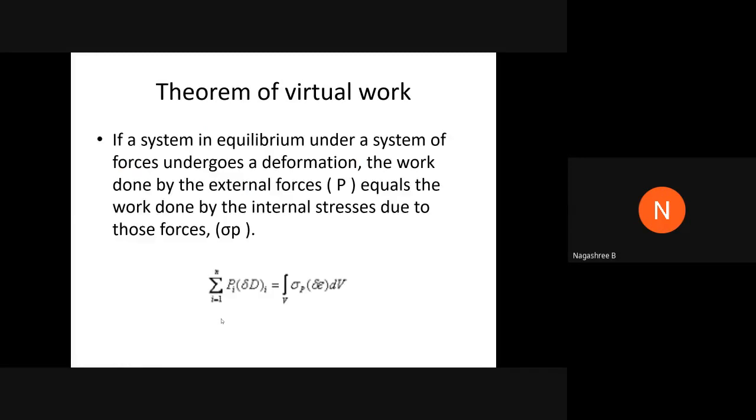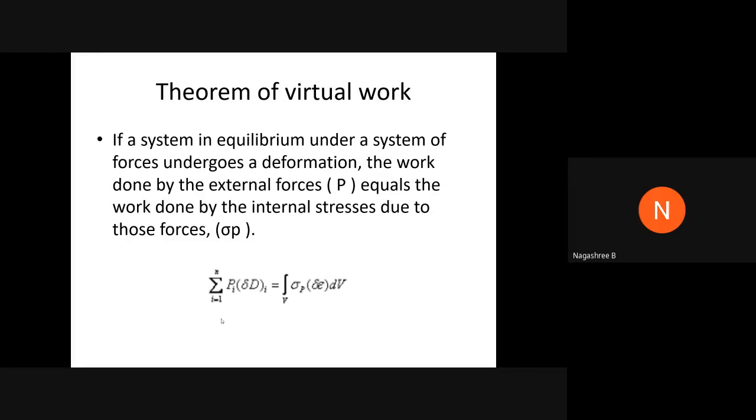Whereas if I state it as a theorem, it states that if the system is in equilibrium under a system of forces, and it undergoes a deformation, the work done by the external force, that is P, is always equal to the work done by the internal stresses due to those forces.